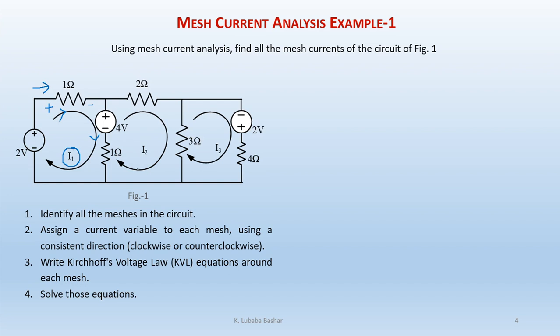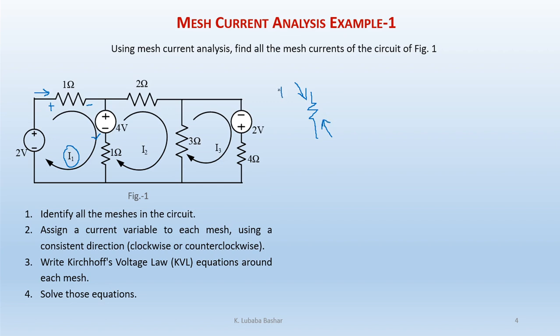Actually, what is happening here? In the 1 ohm resistor, I1 is entering from the upper part of it and I2 from the bottom part of it.